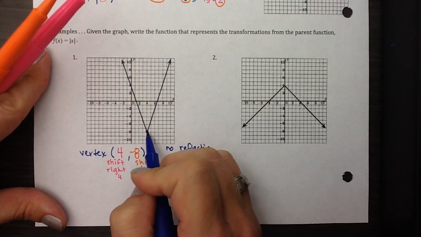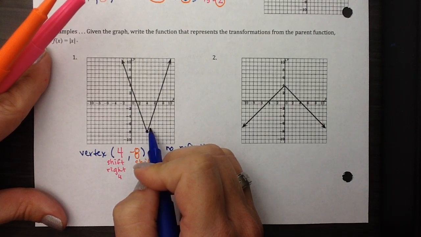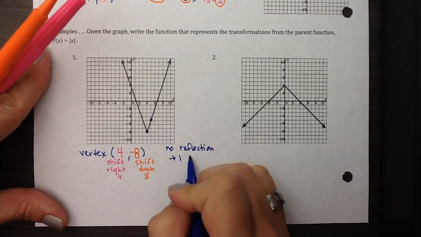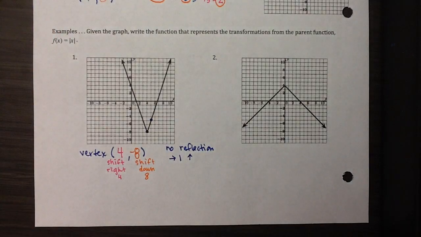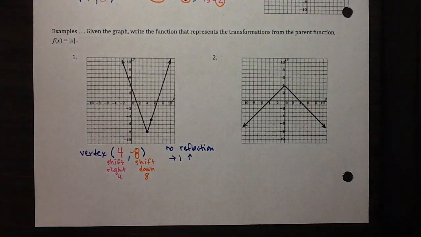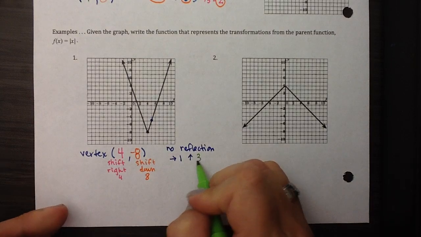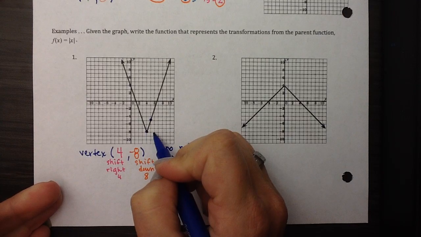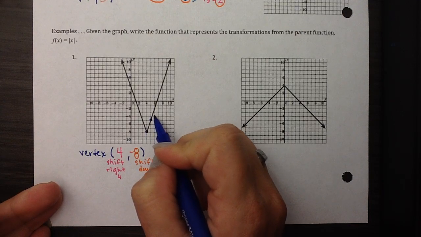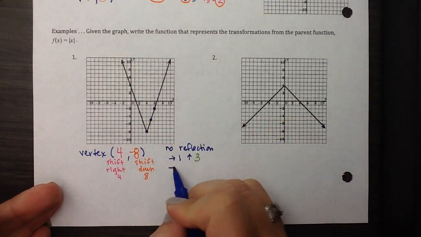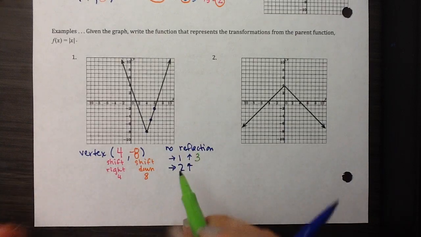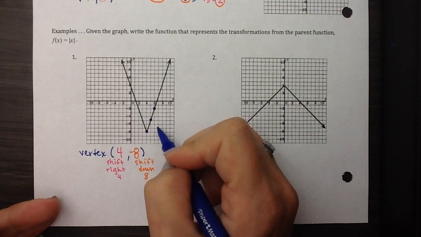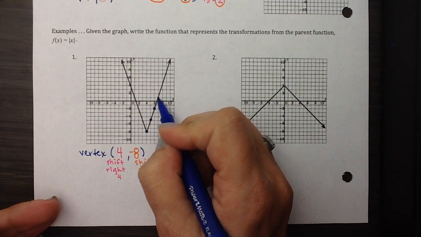But if you can tell on here, when I move over 1, I'm going to move up 1, 2, 3. So my pattern is over 1, up 3. And then if I move over 2 from my vertex, I'm going up 1, 2, 3, 4, 5, 6. So over 2, up 6. And if I follow that same pattern, I would go over 3, up 9.